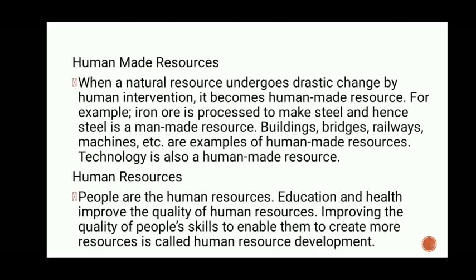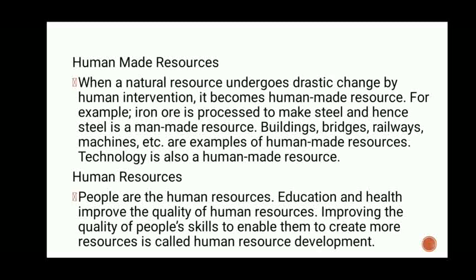For example, a doctor helping the patients in a particular place is a human resource. A police officer helping and guiding people and ensuring that nothing untoward happens to us is a human resource.